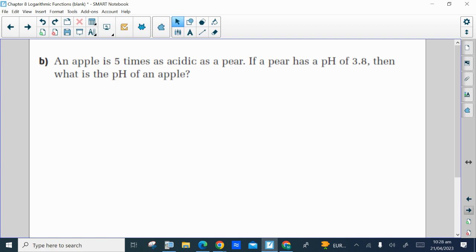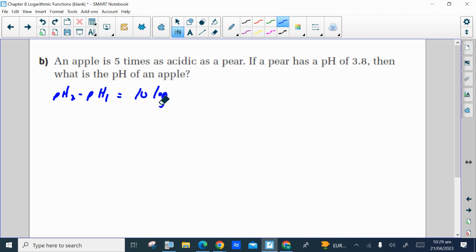And once again, we've developed this equation from the previous page. And that equation, just like the one we had with the sound levels, is pH 2 minus pH 1 equals 10 times the log of H positive 2 over H positive 1.